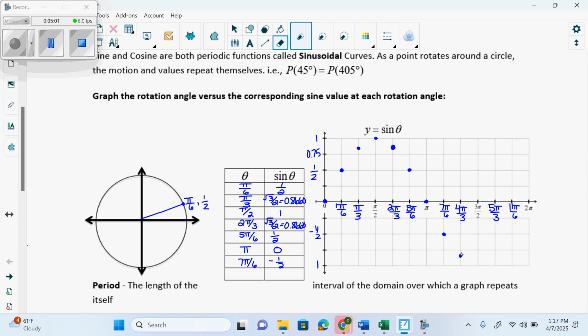Negative 1. What's sine at 5 pi over 3? Negative root 3 over 2. What's sine at 11 pi over 6? And then sine at 2 pi. So we're getting a graph that's going like this.